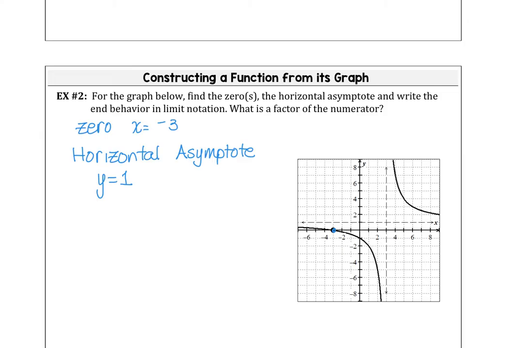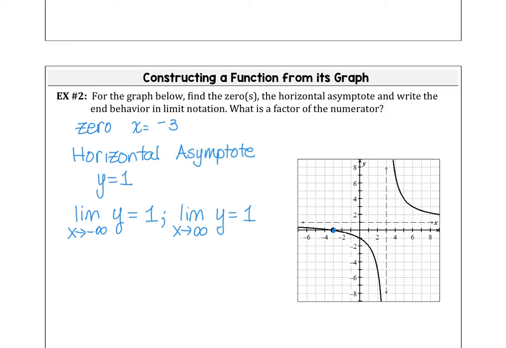Using limit notation to express that behavior, the limit as x approaches -infinity for our function is going to 1, and the limit as x approaches +infinity on our graph is also heading to 1.